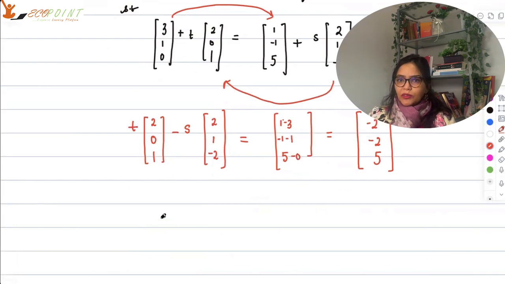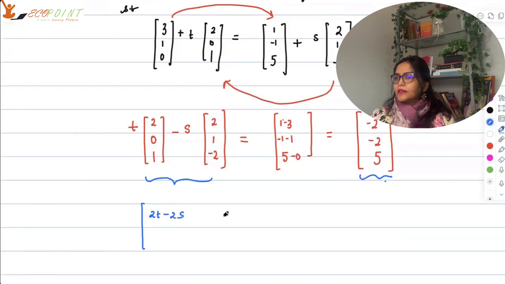Now, if you observe, we actually have a set of equations. This is your left hand side and this is the right hand side. So you have 2t minus 2s, 0t minus s, t plus 2s.